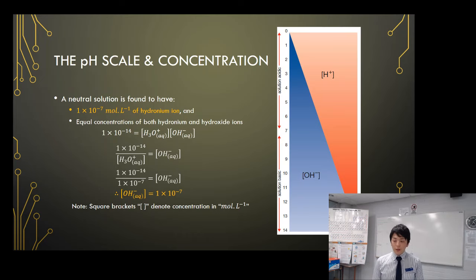In this diagram as well, you can see that the concentrations of H+ and OH- kind of fight with each other. When more H+ are present, there will be fewer OH-, and when there is a higher concentration of OH-, there should be a lower concentration of H+. You might want to copy this diagram down into your book.